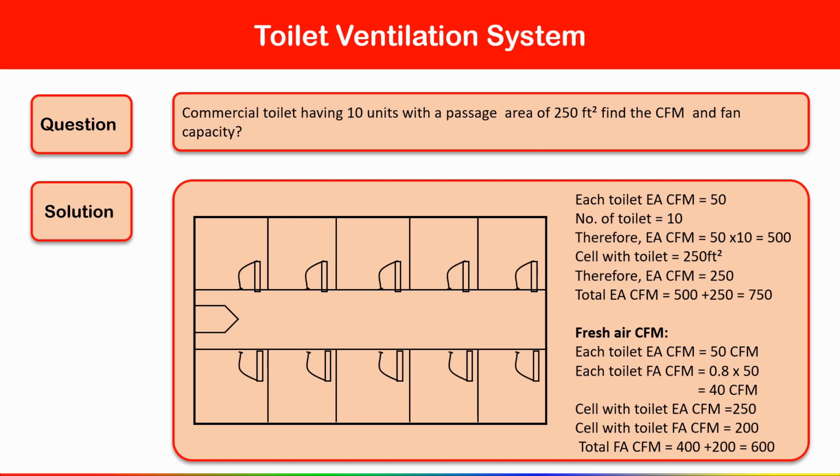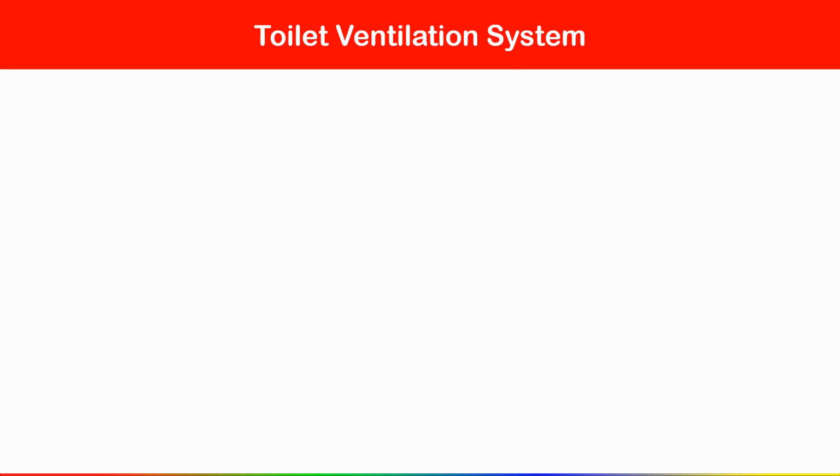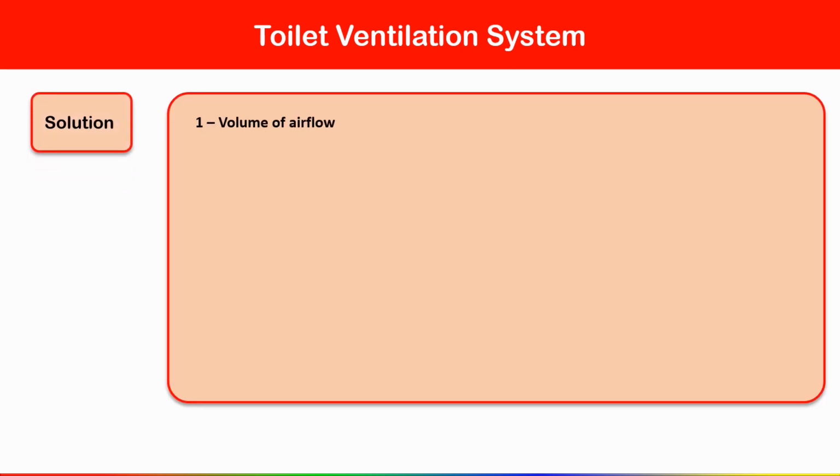That much air we have to supply from outside to inside. And how much air do we have to exhaust? 750 CFM total, and total fresh air CFM we have to supply inside the toilet is 600 CFM.